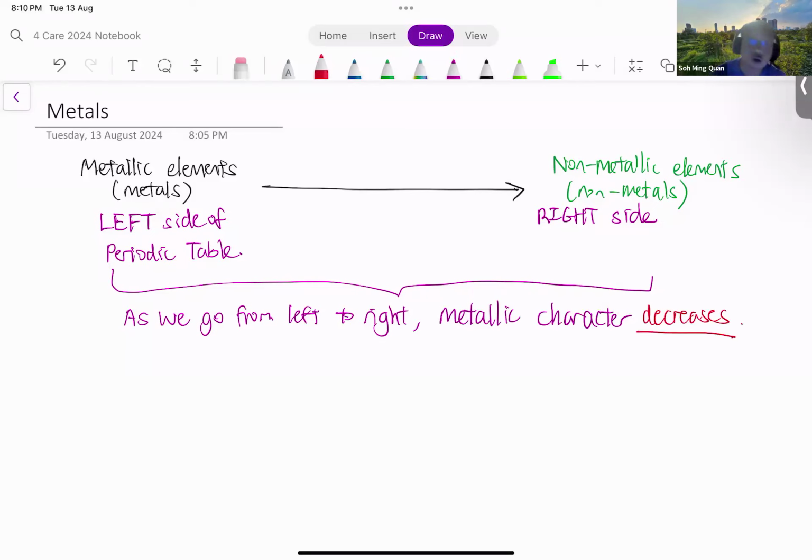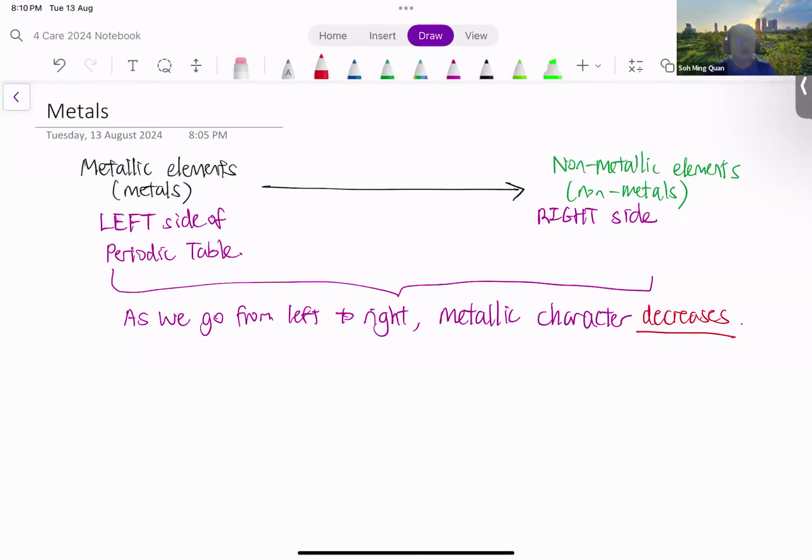Right? So as you go from left to right across a period or across the periodic table, the metallic character will decrease. What that means is that the element is less and less like a metal. The element is less and less likely to be a metal.